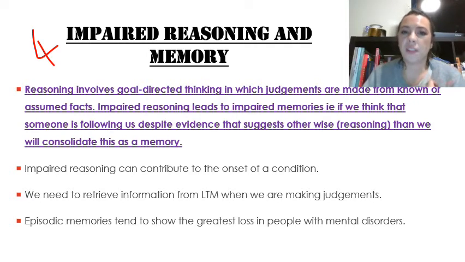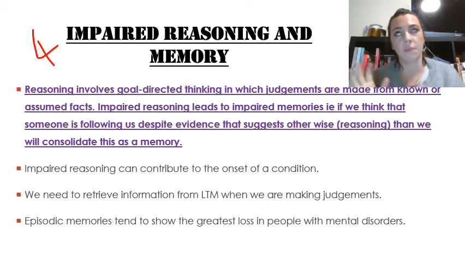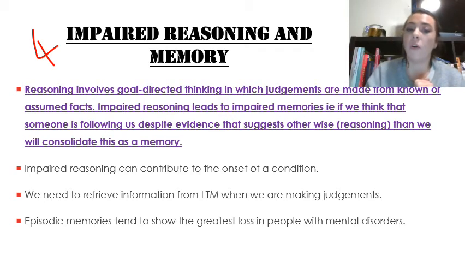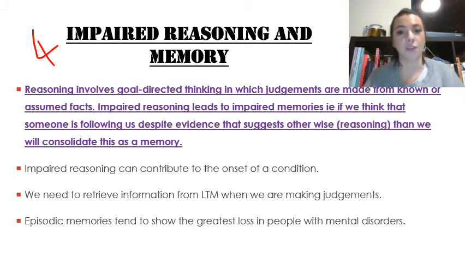What's really interesting about this research is that this explains why some people with schizophrenia or other kinds of mental illnesses might jump to certain conclusions or they might make assumptions about their world. So I'm talking more specifically about things that are maybe not realistic. So things like hallucinations and delusions.